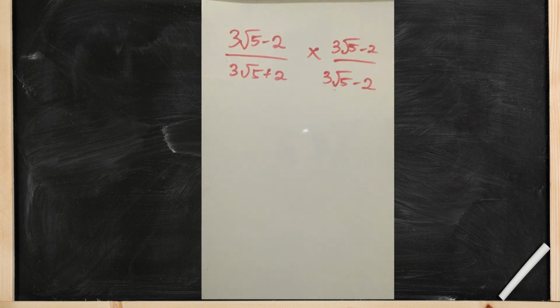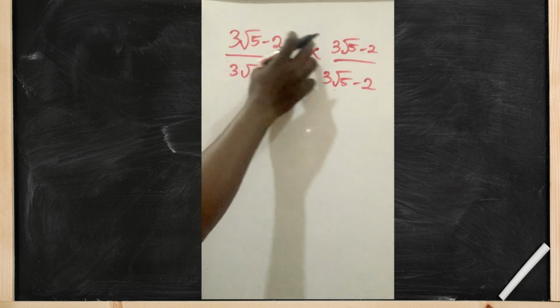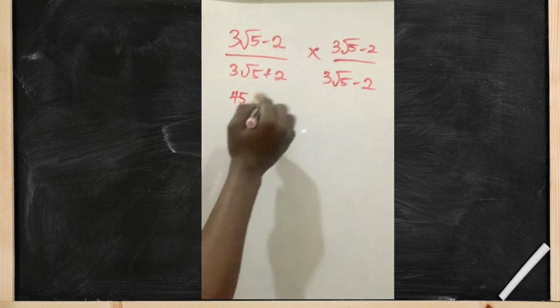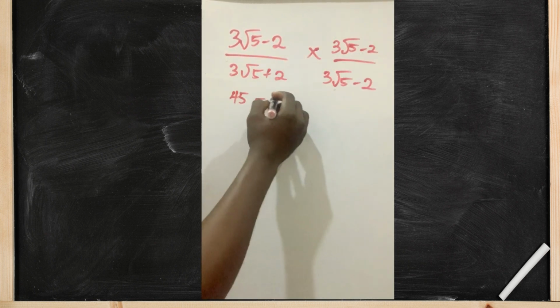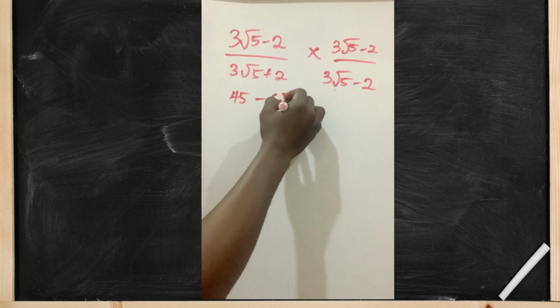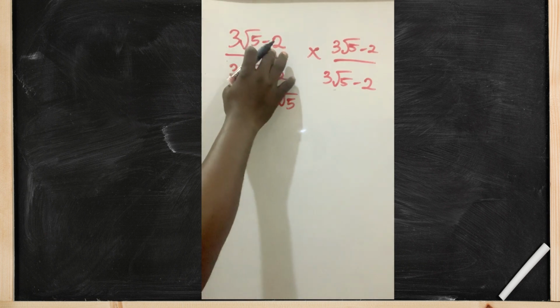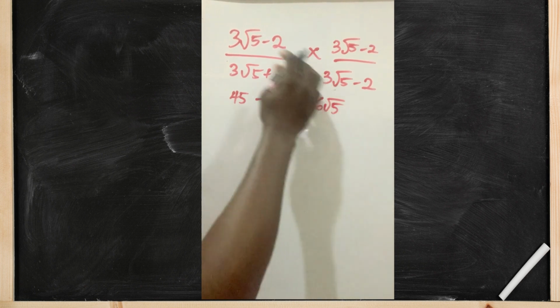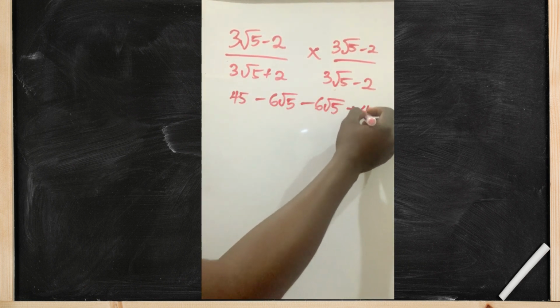So moving forward, with respect to what is being given here, what you're going to do now is multiply root 3 by root 3, which will give you 9 times 5, that's 45. Root 3 times this will give you minus 6 root 5. Minus 2 times this will give you minus 6 root 5. Minus 2 times minus 2 will give you plus 4.